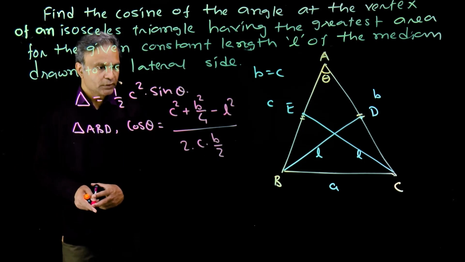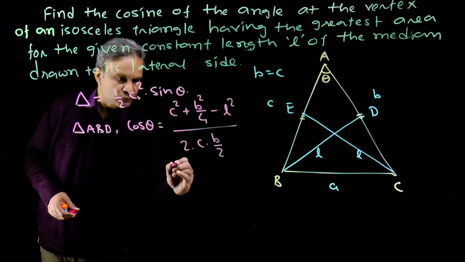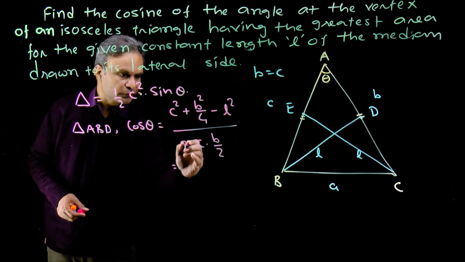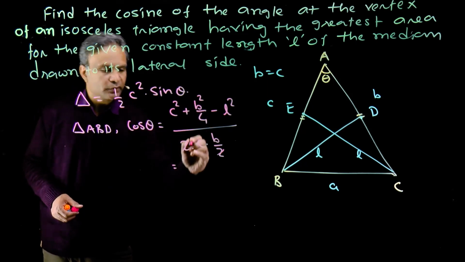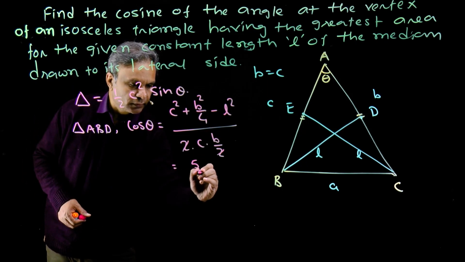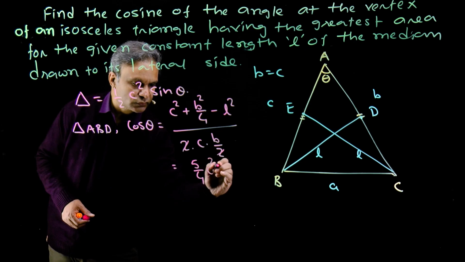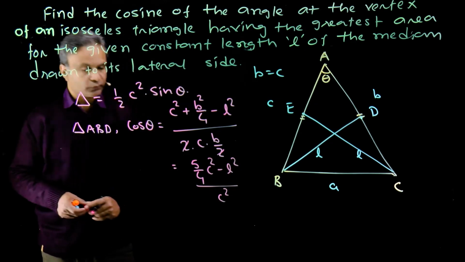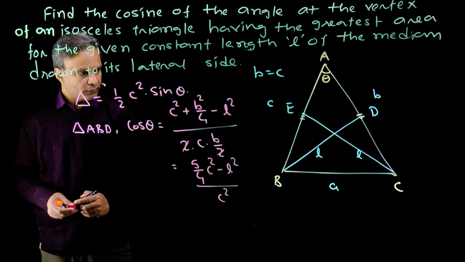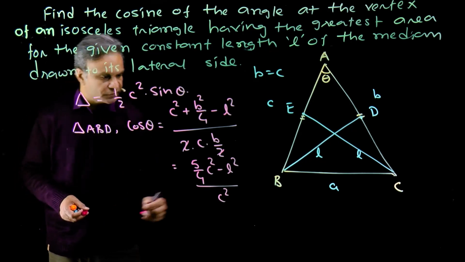Now b is equal to c, so the 2 gets cancelled out. We get 5 upon 4 c square minus L square over c square. Okay up to here?